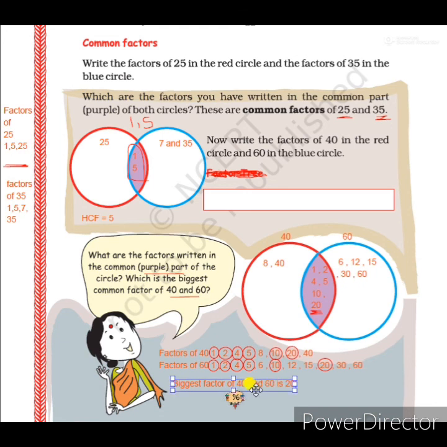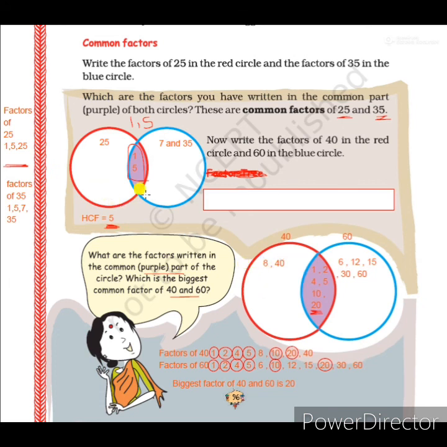Biggest factor means 20. Like that, which is the biggest common factor of 25 and 35? Here in the purple part we wrote 1 and 5. So what is the biggest common factor of 25 and 35? 5. So you write HCF, highest common factor. When asked for the highest or biggest common factor, it means the HCF of 25 and 35, and the HCF of 40 and 60.